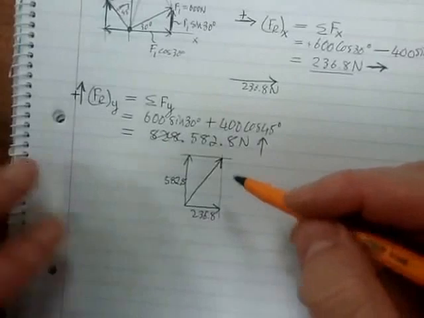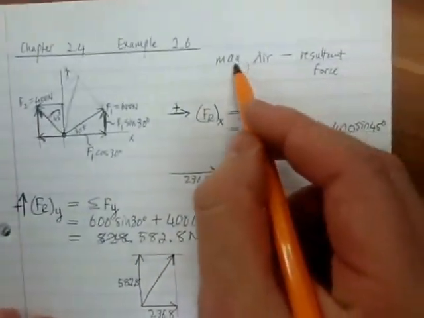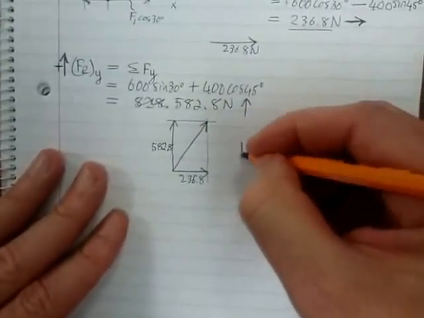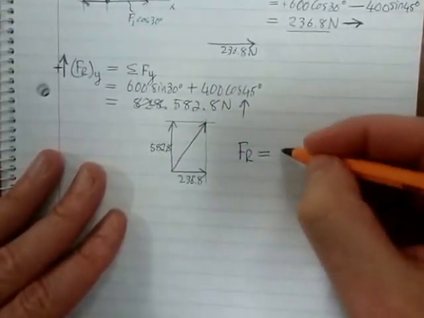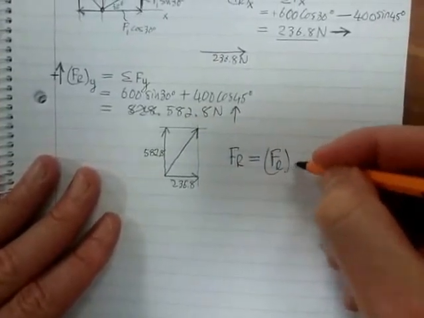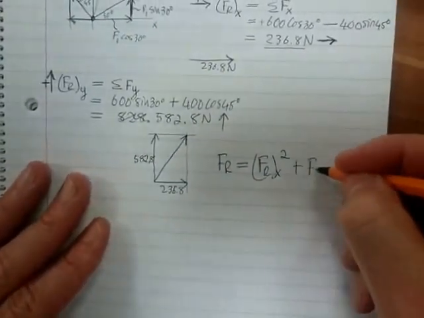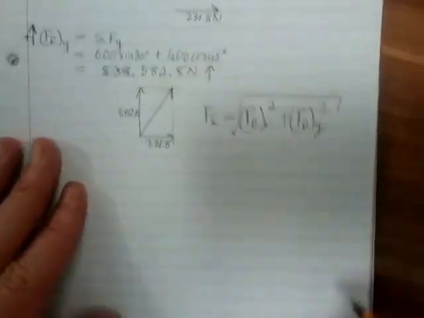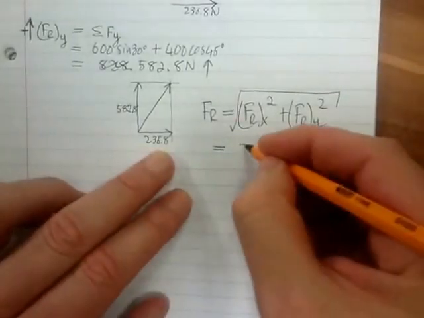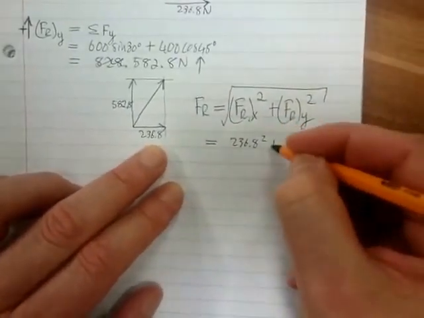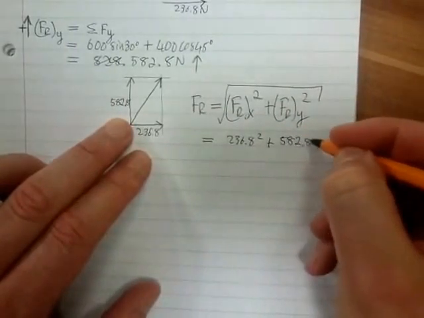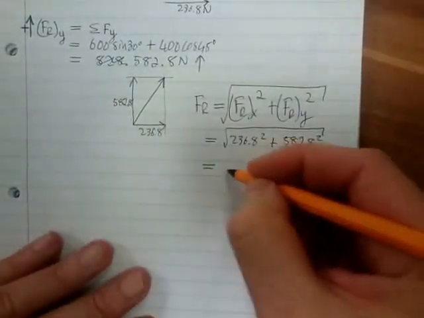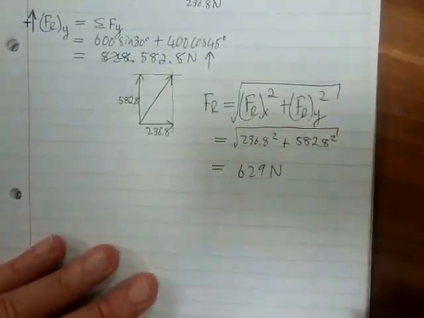But now they want the magnitude and direction. How do we determine the magnitude? Well, FR is simply equal to FRX squared plus FRY squared, square root, okay? Which is then equal to 236,8 squared plus 582,8 squared. Get the square root, and then we get, the answer is then 629 Newton.